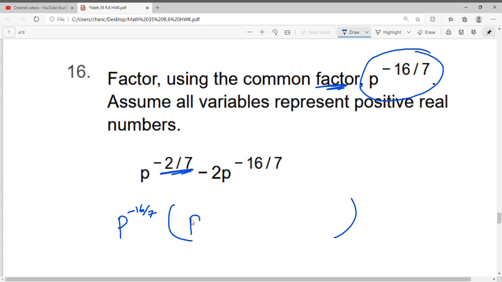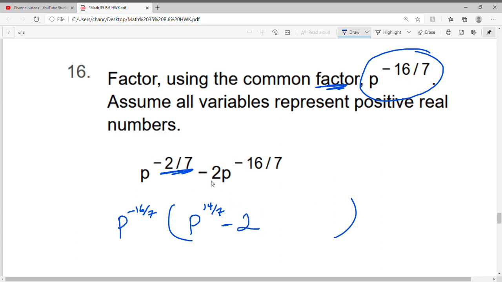So this has to be p raised to something where when we add them we get negative 2/7. If you look at this carefully, I need to add 14/7. 14/7 plus negative 16/7, if you add that together, is negative 2/7. That's how we get this back. So I know this is correct.